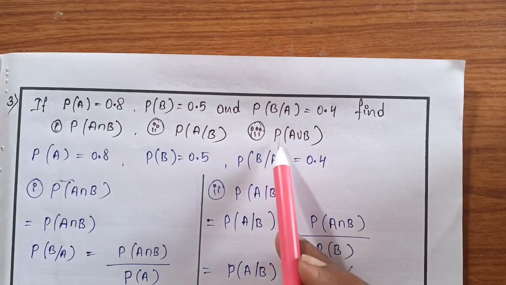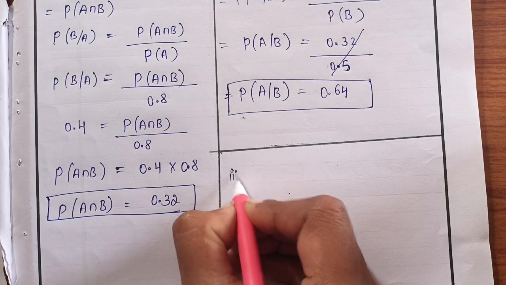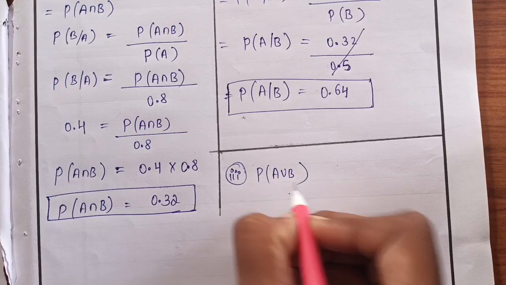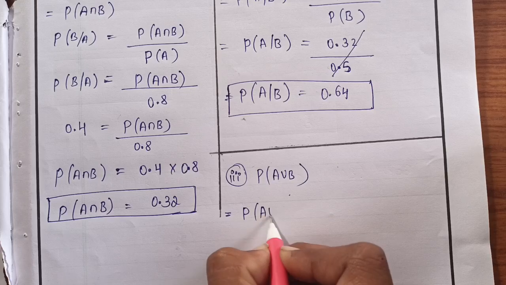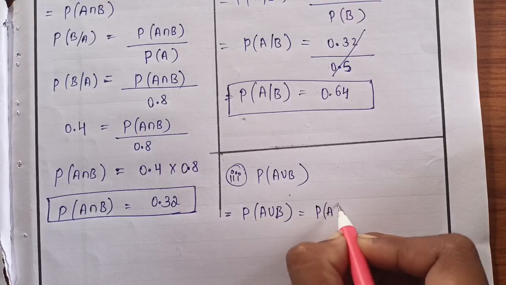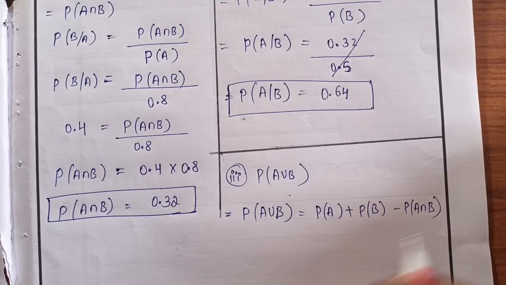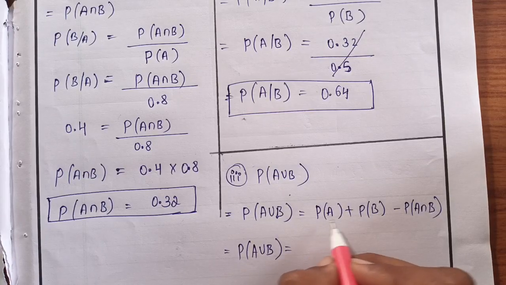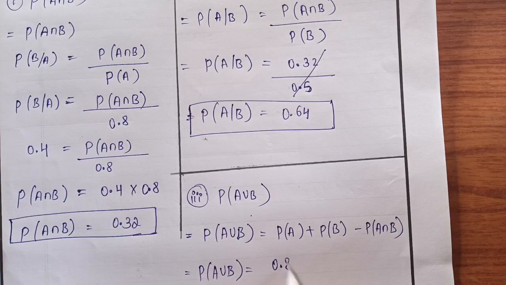And the third question is probability of A union B. Find out the value of probability of A union B. We use the formula: probability of A union B equals probability of A plus probability of B minus probability of A intersection B. Probability of A is 0.8.